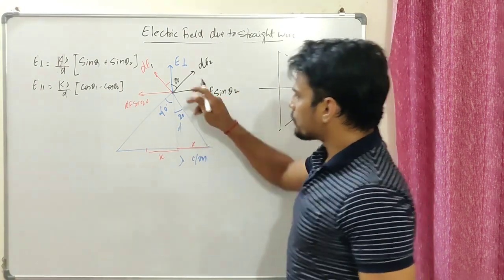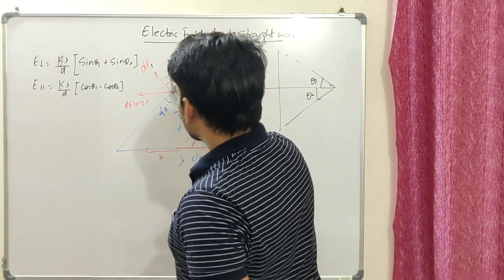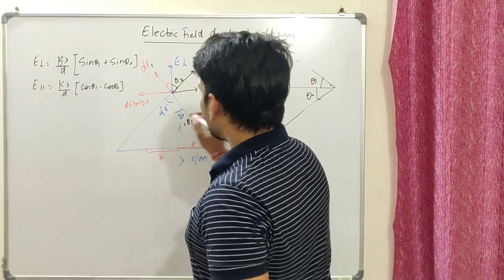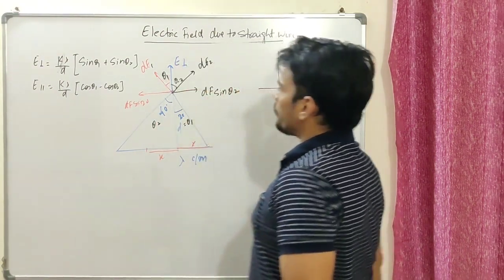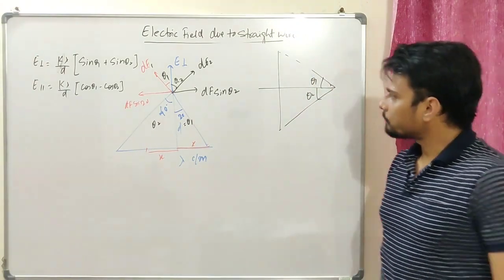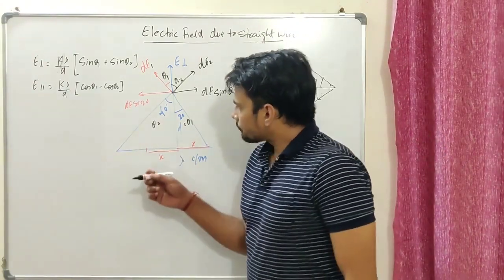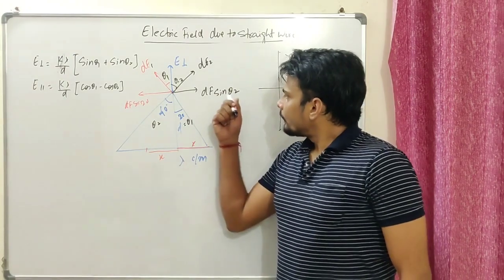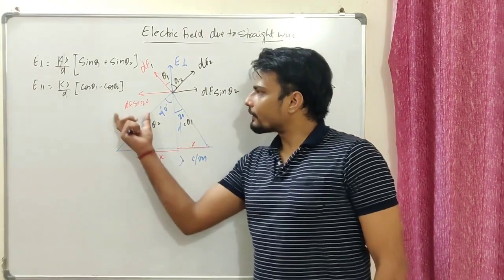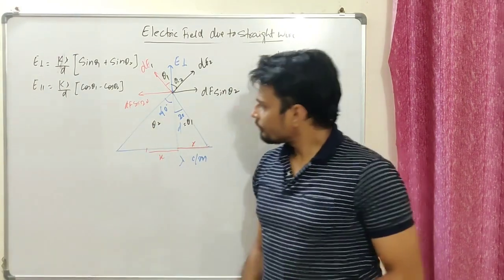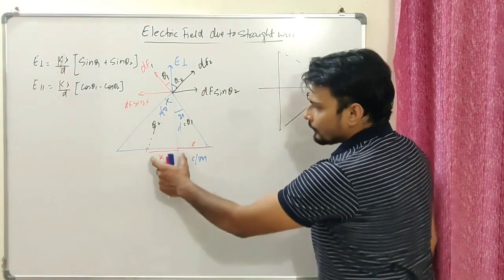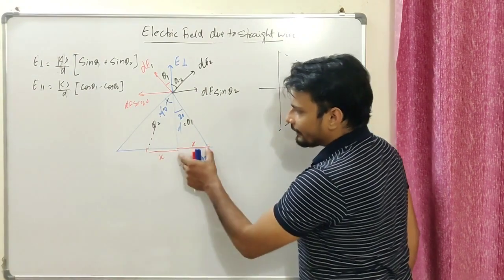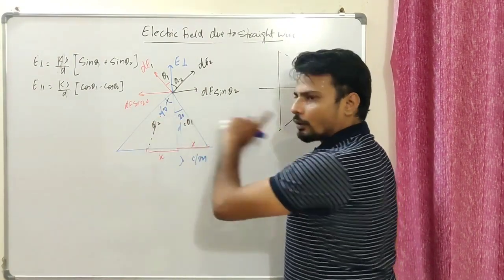Let us choose theta 2. I have no problem with this. Let's say this is theta 1, and let's say theta 2. Let's understand this properly. Now I'm sure that this value is going to be greater than this value, right? That's for sure. So a part of it, let's say from here, the field due to this part and this part will be countering on these two horizontal directions.